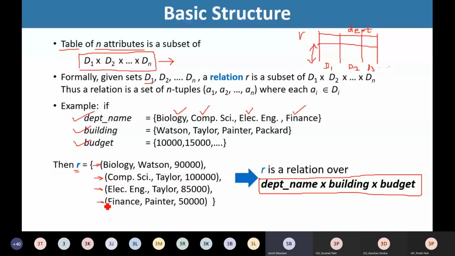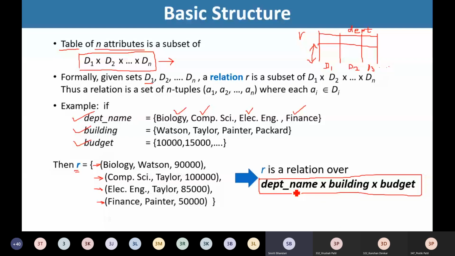Fourth row is finance, Penta and 50,000. So I am having only 4 rows in my relation. Okay, so this relation is actually a subset. This relation is the subset of the Cartesian product of this domains, department name, building and budget.